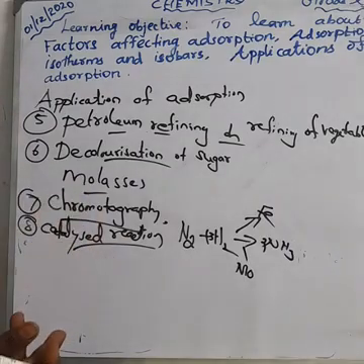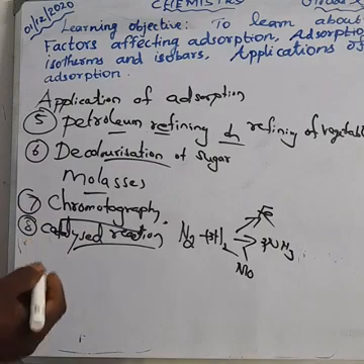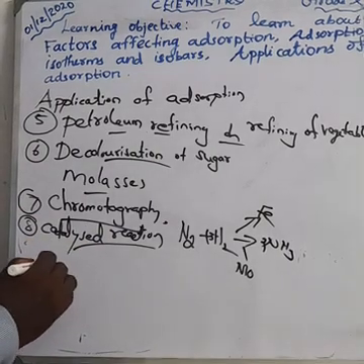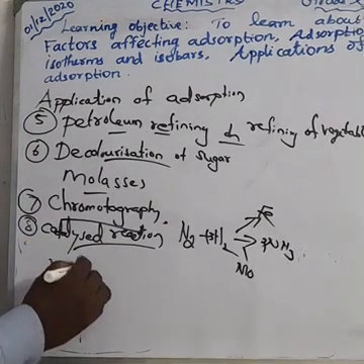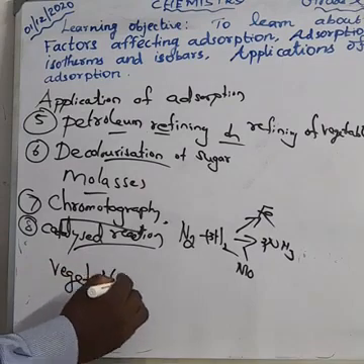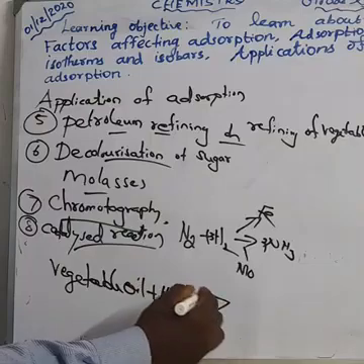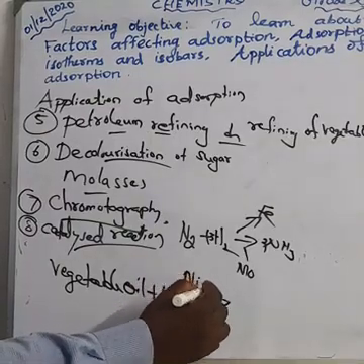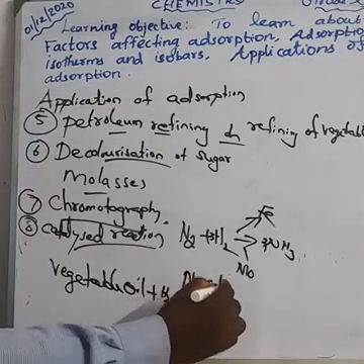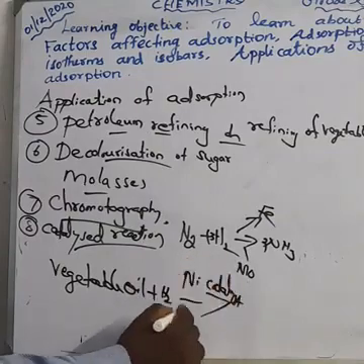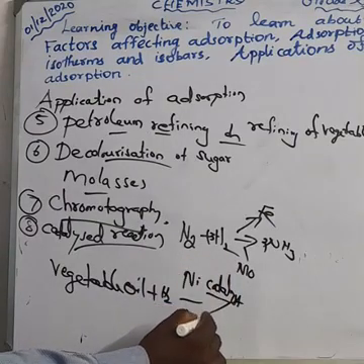And another one is about vegetable oil. Vegetable oil reacts with hydrogen in the presence of nickel catalyst. The temperature, don't forget, is 473 Kelvin.